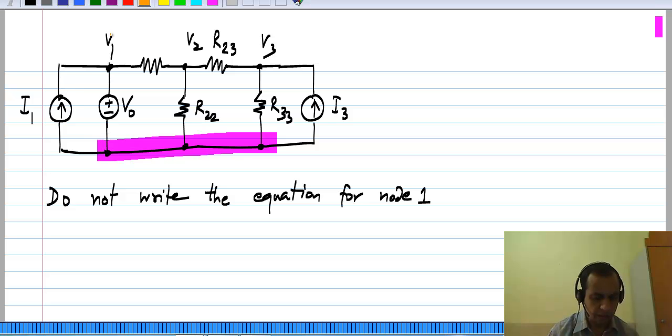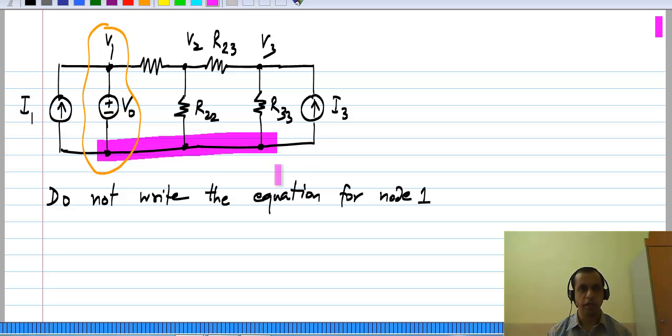Another way to think about it is that you still form a supernode, and this supernode consists of node 1 and the reference node. And you are not going to write an equation for the reference node anyway, so you don't write an equation for this supernode. And the voltage source constraint directly gives you this node voltage.